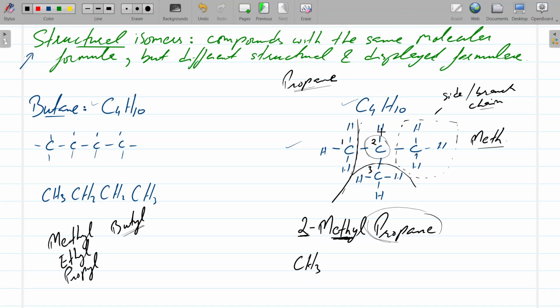The second piece is actually a CH. So I write a CH. And because the side group is bonded to the second carbon, which is the CH part, I write the side group in brackets.